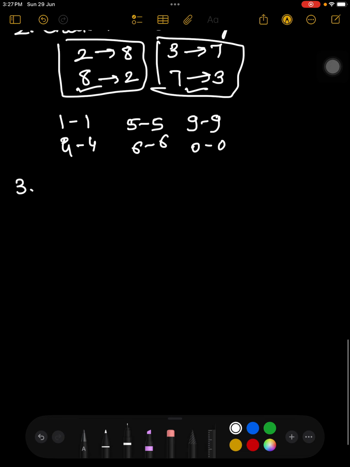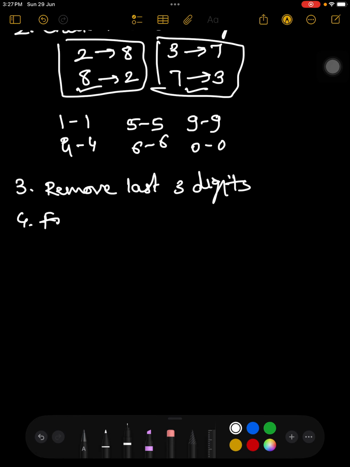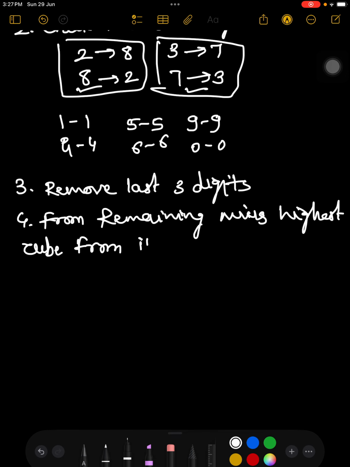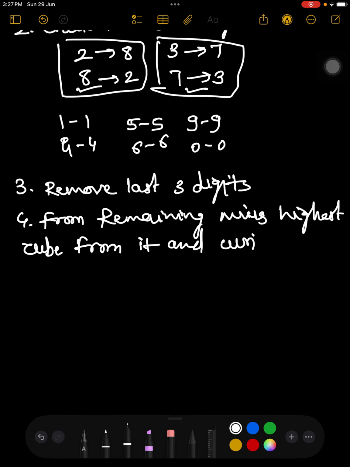Now remove the last 3 digits. Once you remove them, from whatever remains, subtract the highest cube from it and write down the number whose cube gets subtracted from it.